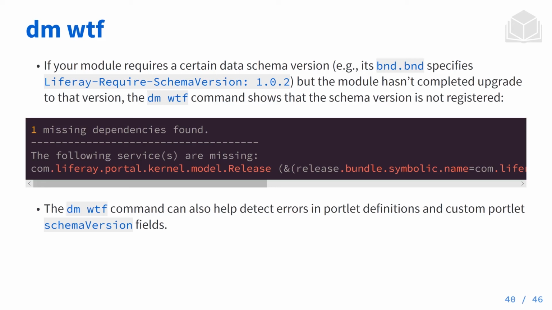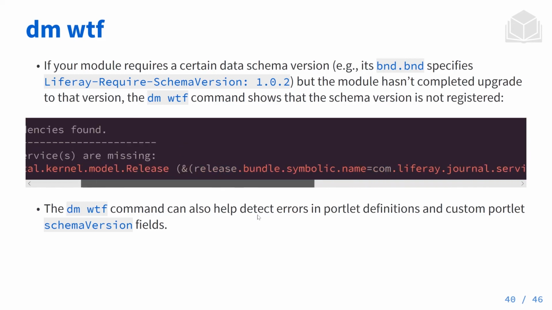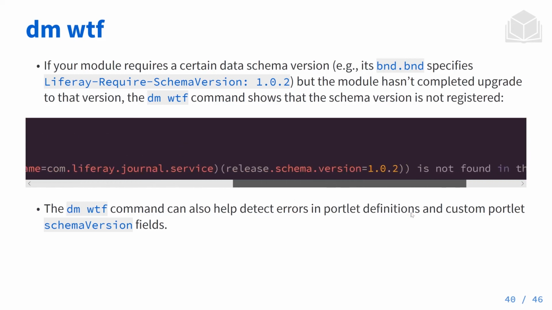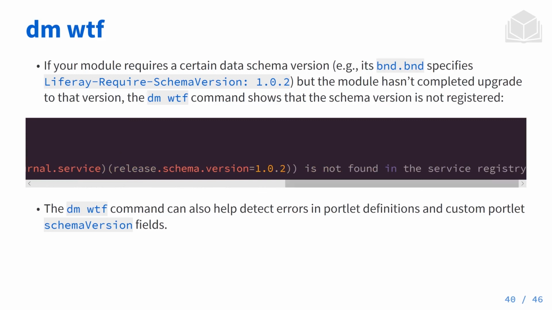And the dependency that it needs is this portal kernel release. And then as we scroll through, it's looking for this specific version number. In this example, the upgrade process may not have finished for the dependency, so it's not showing that specific schema version number. And that's probably why it's not being found. So dm wtf is a very helpful command when we're going through the upgrade process of our modules.